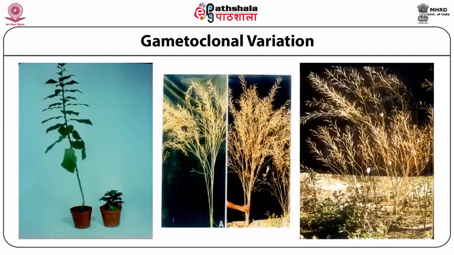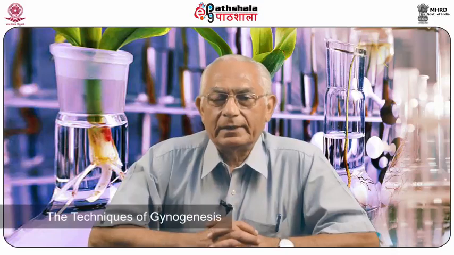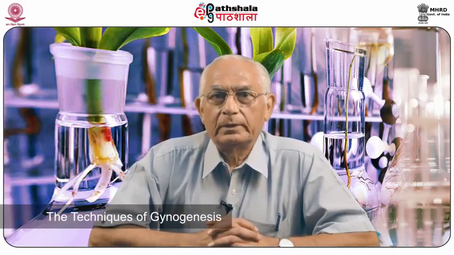and highly quality spears. So in this module, in vitro production of haploids part 2, we have talked about the techniques of gynogenesis and distant hybridization followed by embryo culture for the production of haploids.